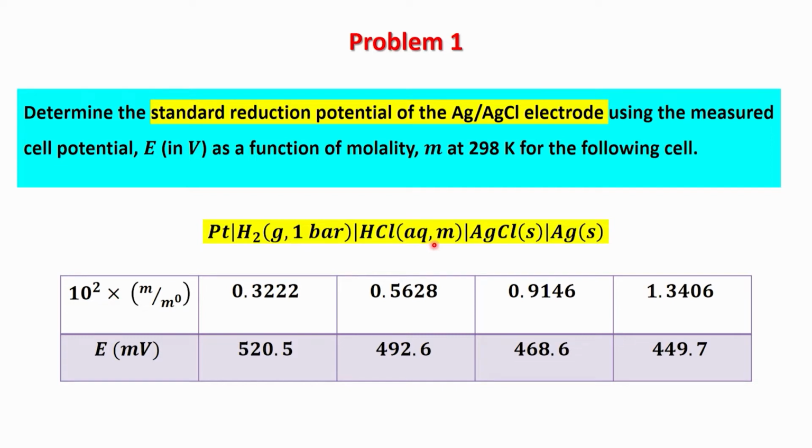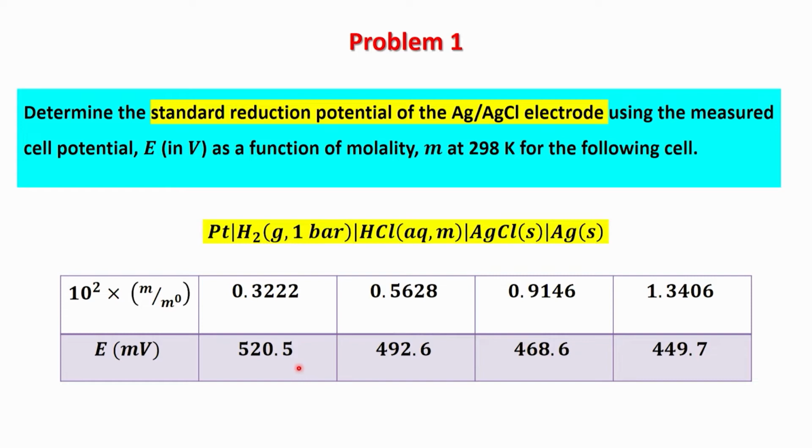Now, going ahead, I am going to use some measured cell potentials which have been obtained by varying the molar concentration of HCl in the cell. As you see, I have changed the molality from 0.322 × 10^-2 and gone up to this number.